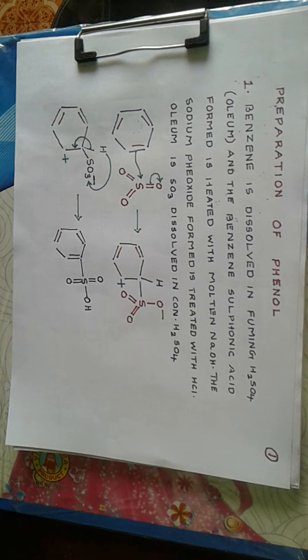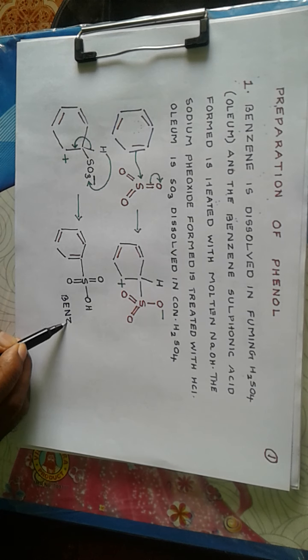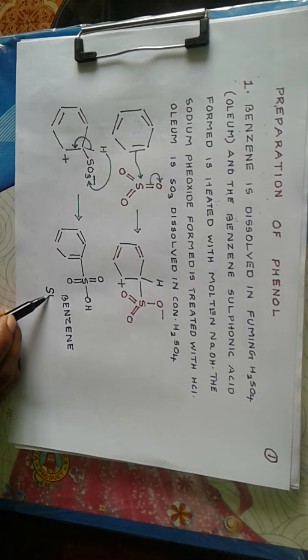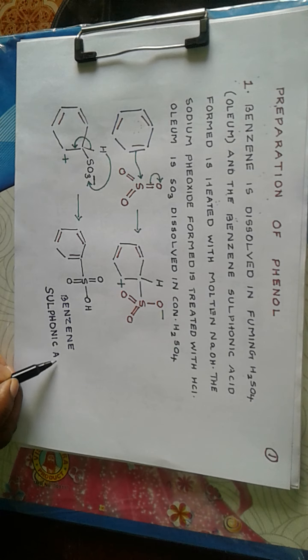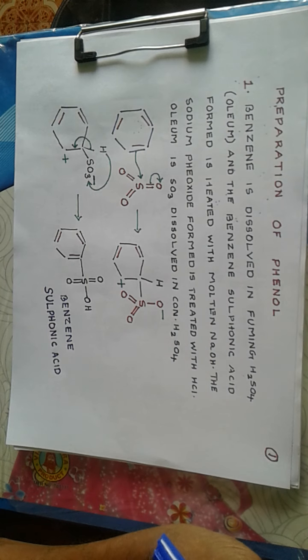acid is formed. Now the product is this one, benzene sulfonic acid. Now sulfur trioxide is actually the electrophile there.